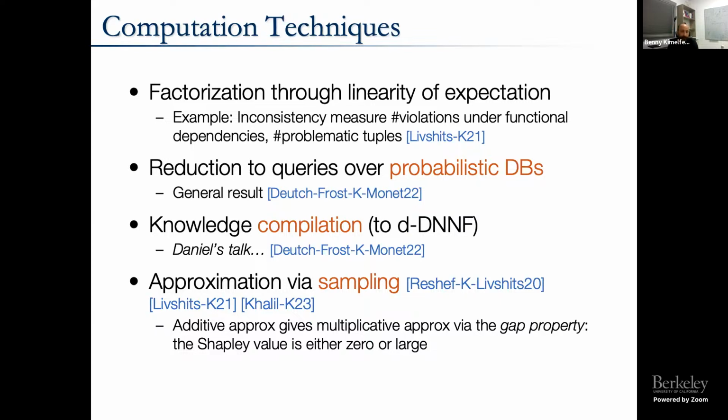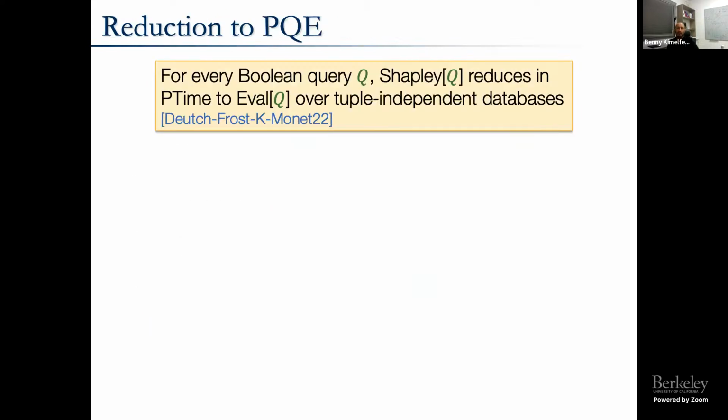There are some interesting things going on there where you immediately get an additive approximation, but you can show that it is also a multiplicative approximation, and so on. So let me expand a little about the connection to probabilistic databases. And by a probabilistic database, I mean a tuple-independent database.